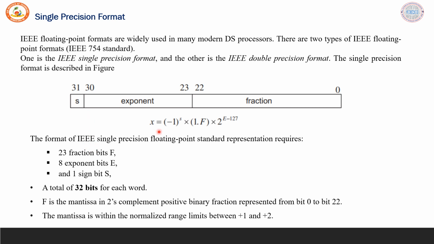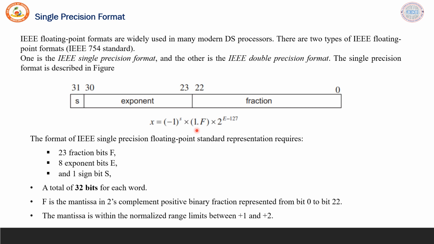To convert a number in IEEE format to decimal, the formula that could be adopted is shown here. The result will be called x. So x is equal to -1 raised to s, where s is the sign bit. This yields a positive answer if the sign bit is 0 and negative if the sign bit is 1.